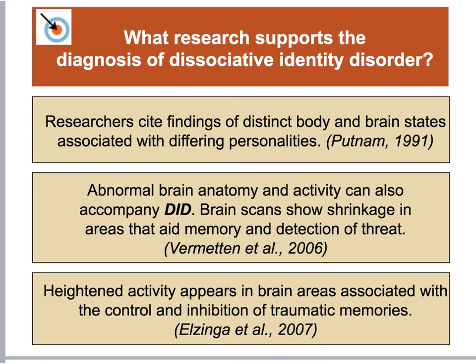As you can see on the slide, brain scans have shown shrinkage in areas that aid memory and detection of threat, like our hippocampus and our amygdala. They've also found heightened activity in brain areas associated with control and inhibition of traumatic memories. So there is some biological evidence that supports this disorder that some people have criticized over time.